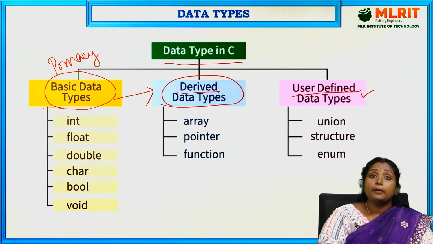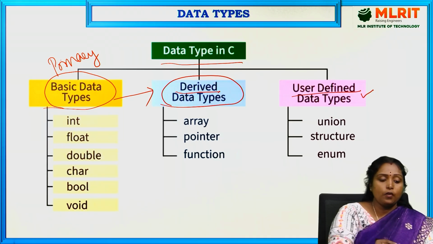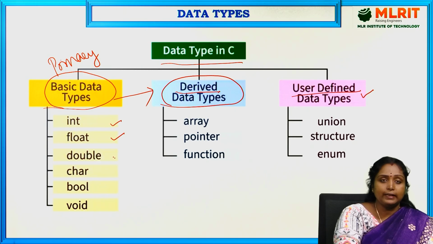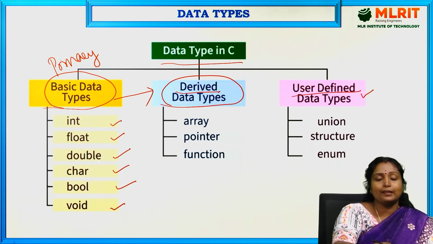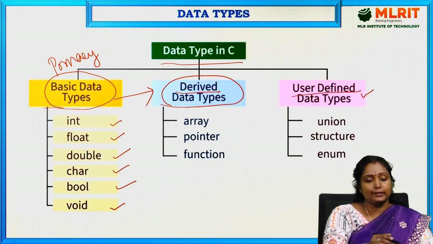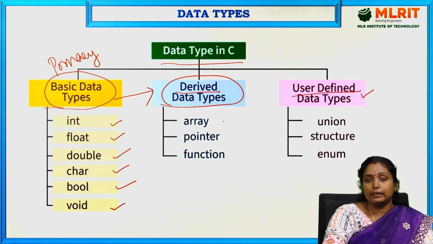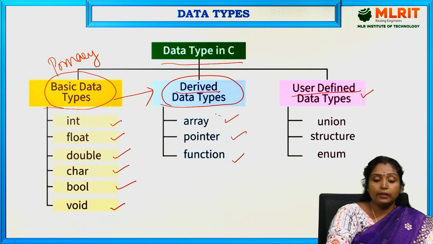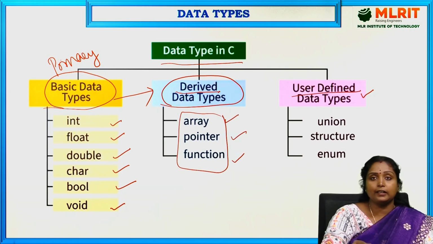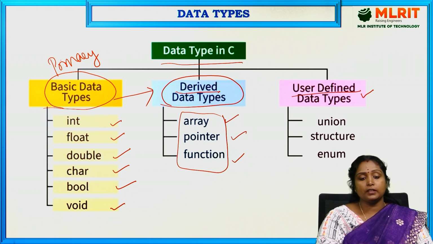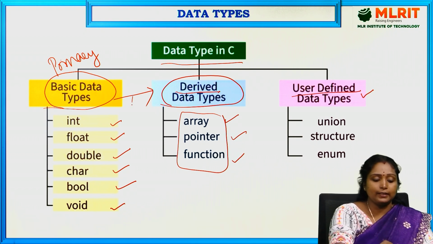Primary data types consist of integer, float, double, char, boolean as well as void. These are some of the data types; we will discuss them in detail. Coming to the derived data types, you will have array, pointer and functions. We would discuss these further after you know the basic data types first.